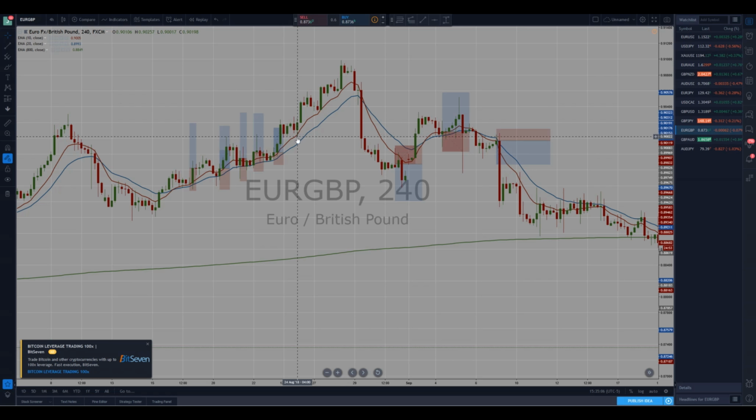Next entry would have been based off of this rejection right here. Set it below. Set your take profit 2 to 1. It won't let me go exactly 2.0, so 2.01, close enough.